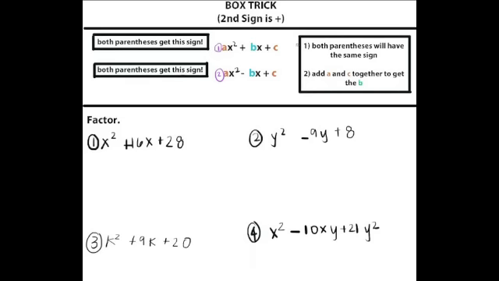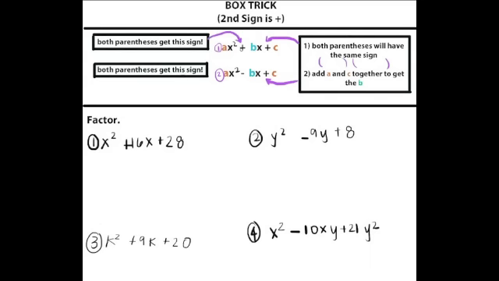And what it tells us is this. The second sign is going to apply. This big box is going to apply to both equations here. And the second sign tells us that when we factor, we're going to end up with two parentheses, okay, at the end. And that tells us that when we factor, both of the parentheses will have the same sign, okay? And the way we figure out which sign we're going to get is we jump over to here and we look at the first sign.